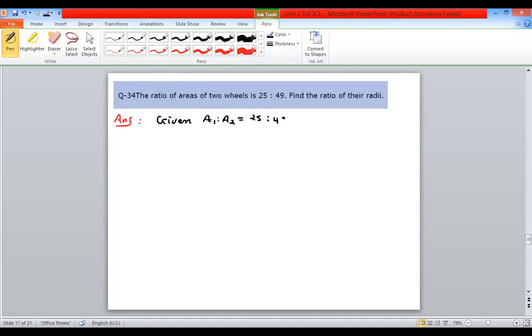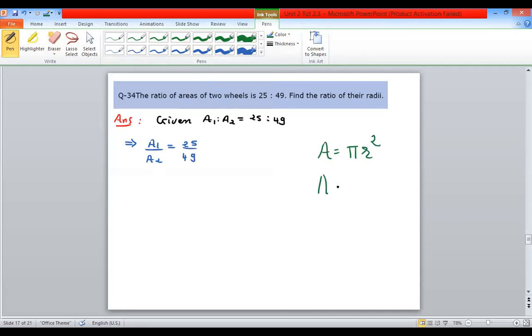Convert into fraction form. That is A1 by A2 is 25/49. You all know the formula of area is pi r square.